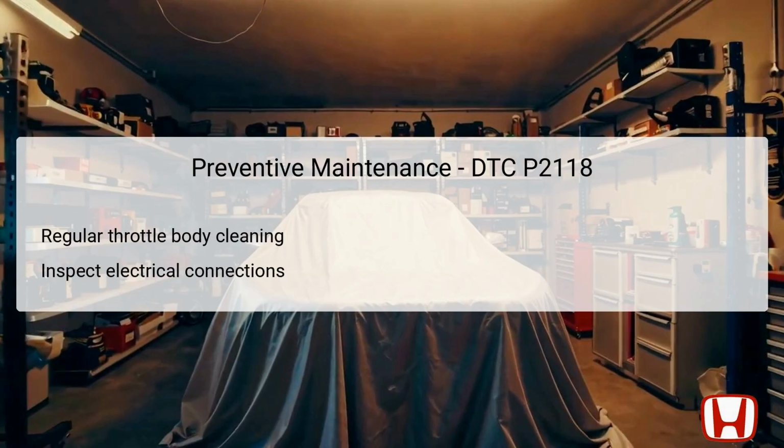Additionally, regularly inspect electrical connections associated with the throttle actuator and PCM for signs of wear or damage. Ensuring tight and clean connections will minimize electrical resistance and reduce the risk of circuit failures. Incorporating these maintenance practices will aid in the overall performance and reliability of your Honda Accord.